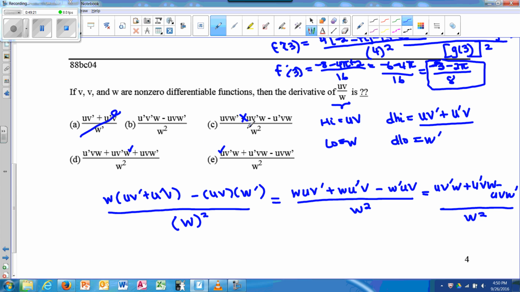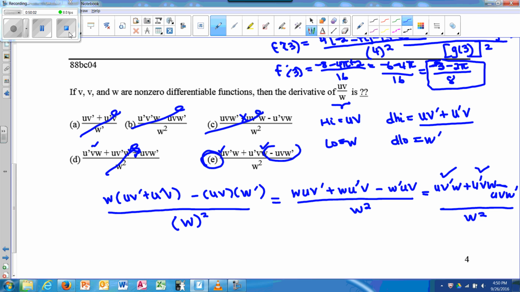Now we can't change the order of our terms around necessarily, but we have a U with a V prime and a W plus a U prime with a V with a W minus a U, V, W prime all over W squared. So let's look for our individual terms. I need to have a U, V prime, W. I have that here. I have that here. I have it here because I need a positive U, V prime, W. So that's wrong.